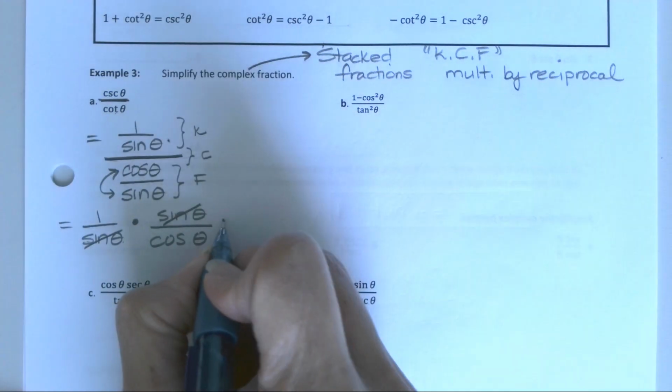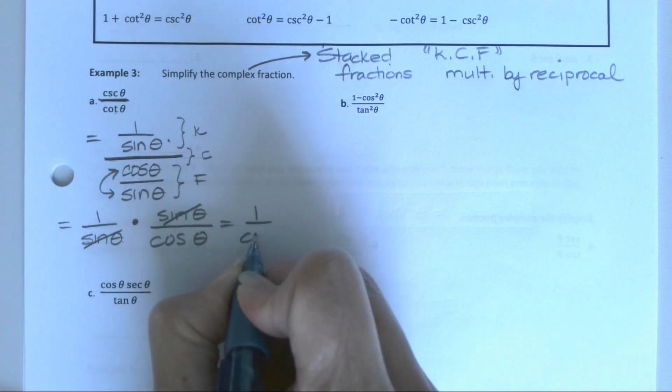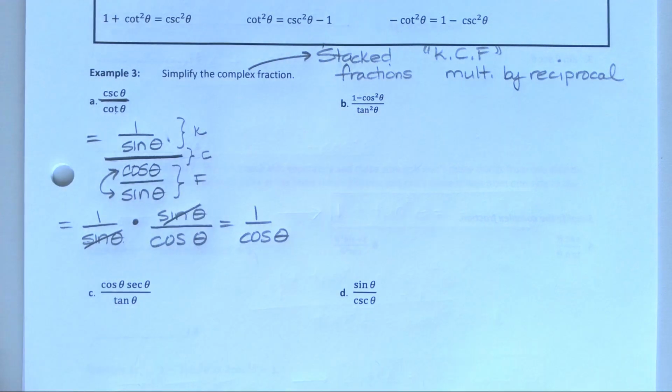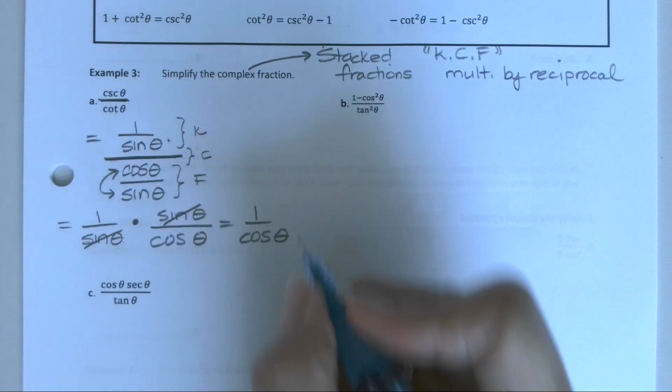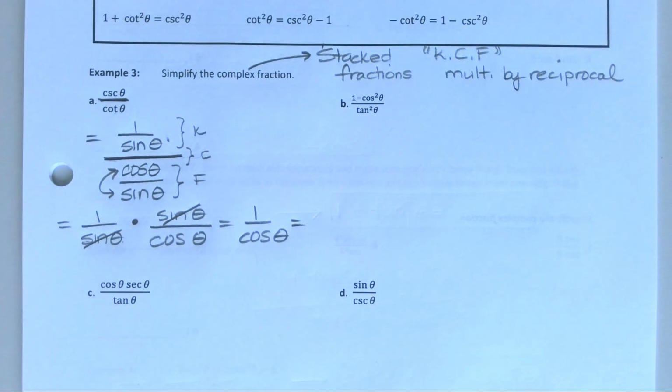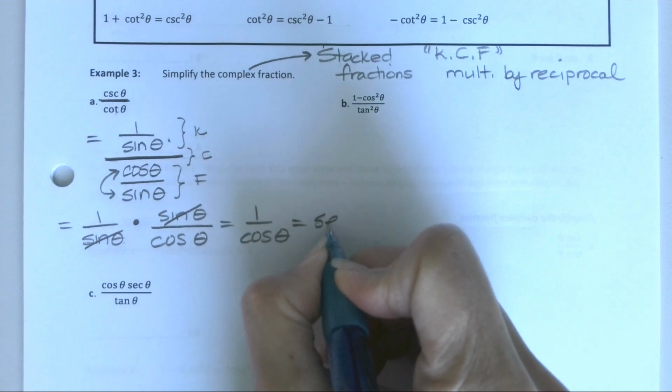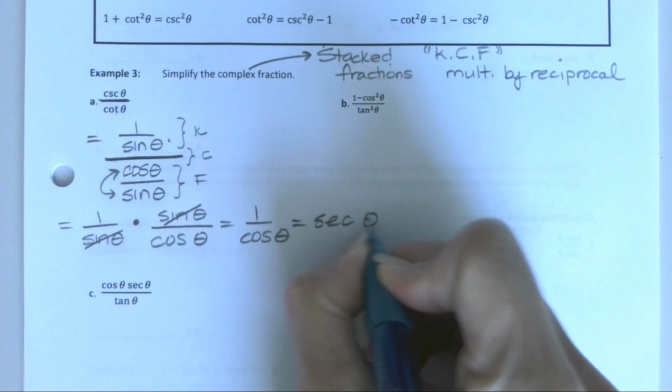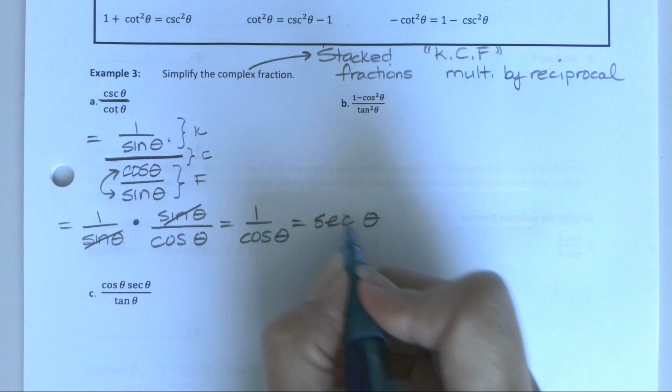So you are left with 1 over cosine theta. And so, Ian, what is 1 over cosine theta in our table? Good. So on this one, it will be secant theta, but you did visualize the correct one. Very good.